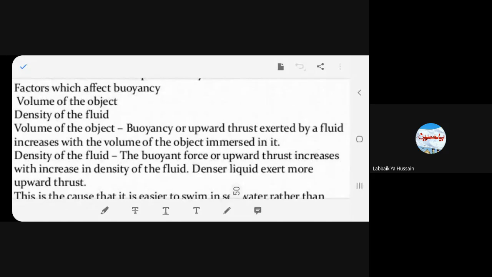If I put two same objects in water and oil, in water the upward thrust will be less as compared to the oil. You understand? So both have direct proportionality. More the volume, more the buoyancy. Denser the fluid, more the buoyancy. Did you understand?